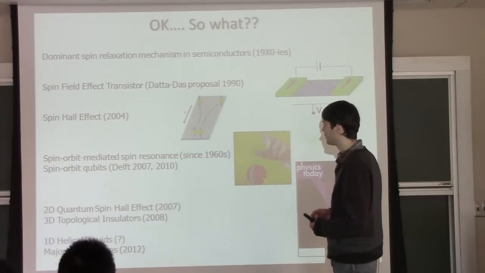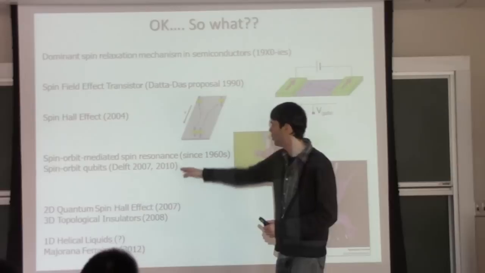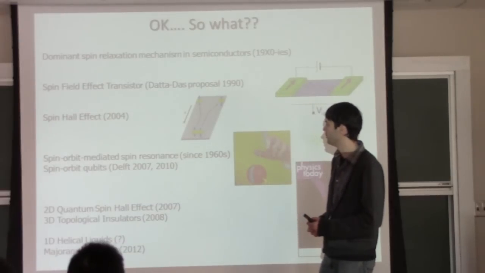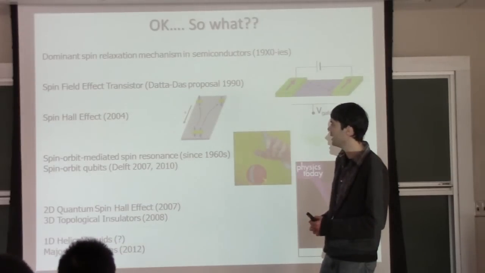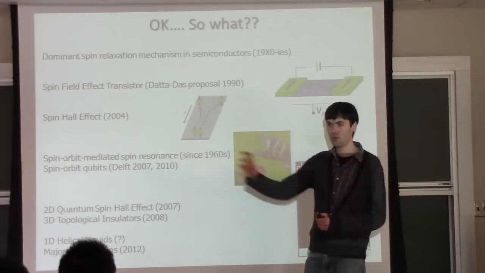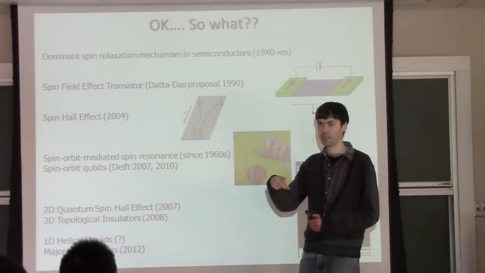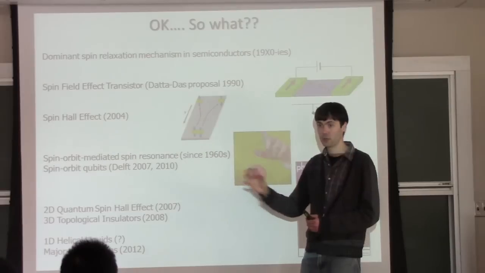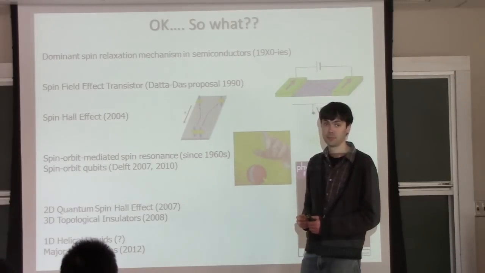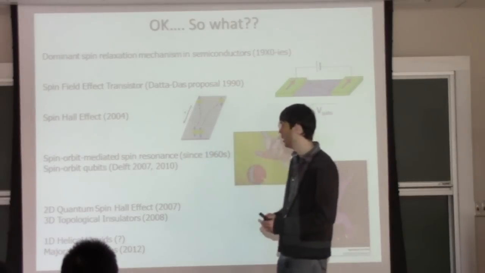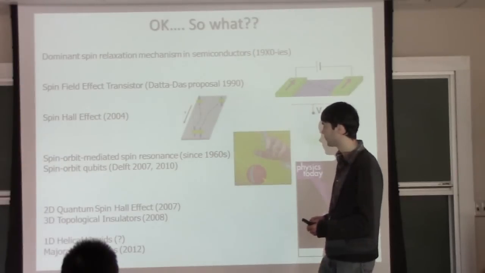So this was great. I'm hoping to talk about this today, but basically this idea that when you move an electron, it experiences an external field, you can use it for control of spin of a single electron. You can even build quantum bits based on that.